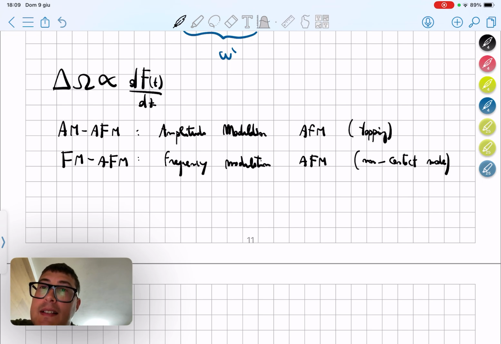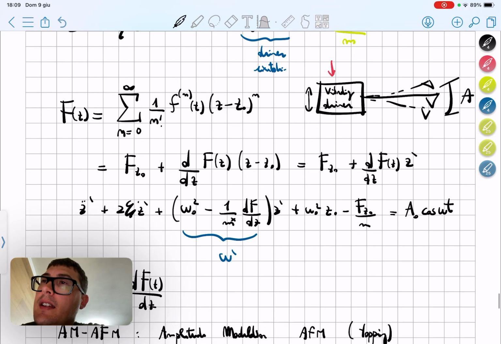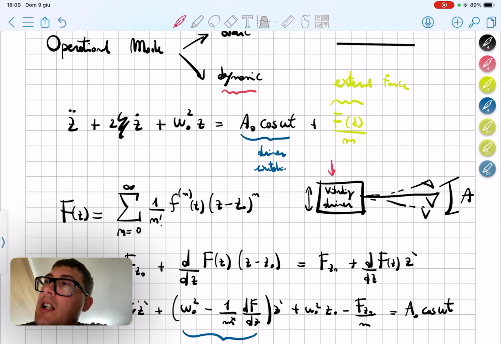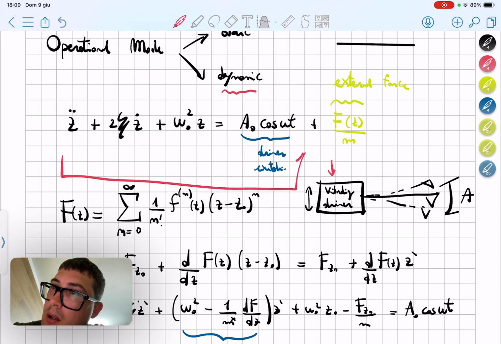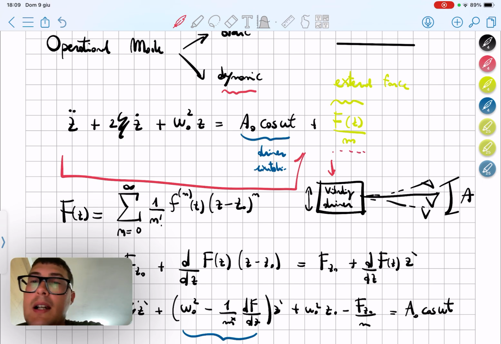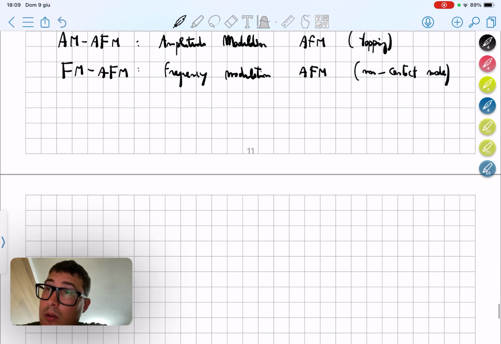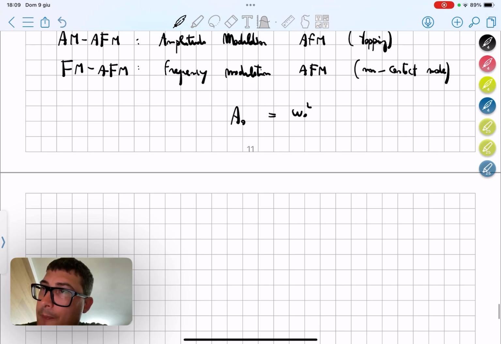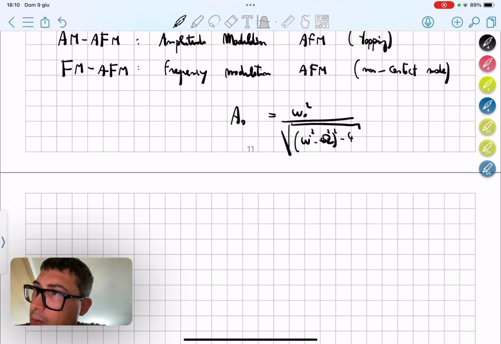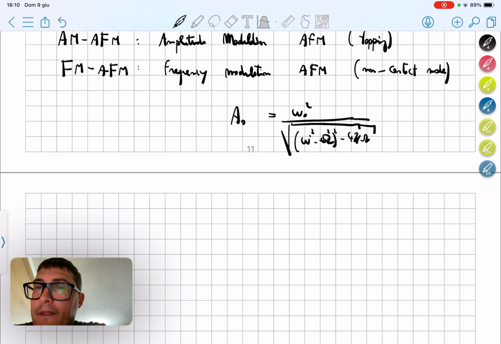If we are far away, the only part of the equation that counts is the left part, without the external forces, and we know everything, so we can estimate the amplitude, something like the square root of omega prime minus omega squared minus 4 z omega, something like that, which is the amplitude that we measure.